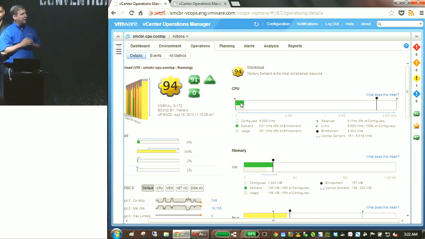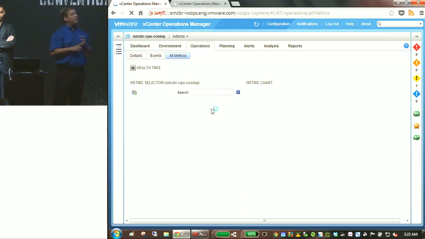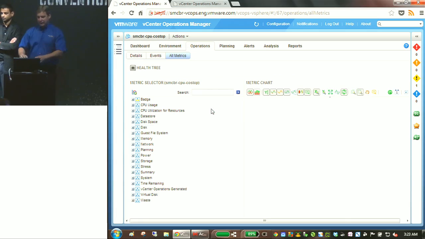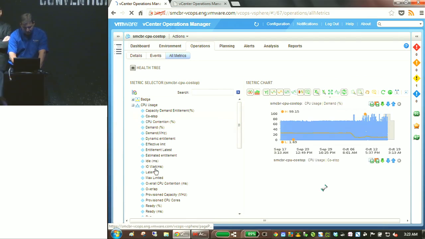So for me to look at this and analyze it, my favorite thing to diagnose CPU is to go to the all metrics. If I haven't gotten my information from the alerts and the heat maps and so forth, I generally drive to this UI, because it's kind of like the oscilloscope. I mean, you can just put all the metrics together and zoom in, zoom out, and so forth. And here we're going to focus on CPU. And immediately I'm just going to grab my favorite metrics.